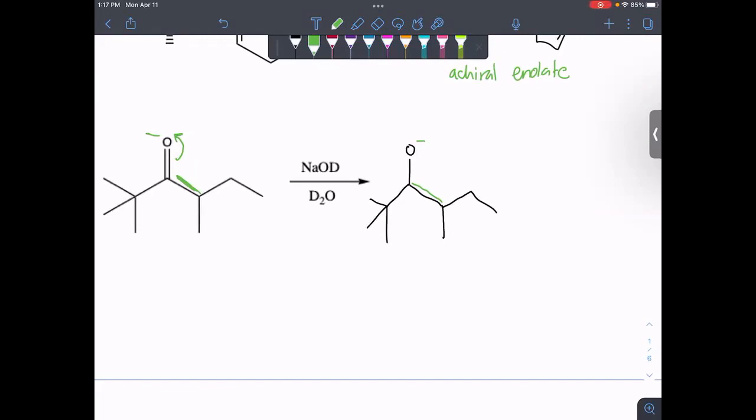So now when I go back to add the alpha hydrogen, the same thing's going to happen. You're going to get a racemic mixture of products.